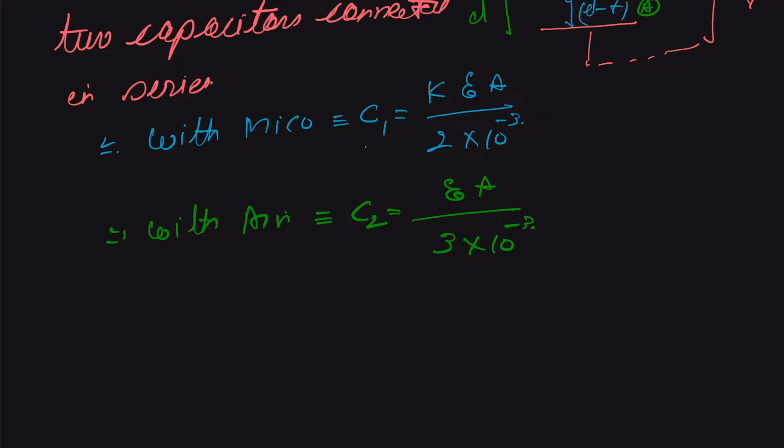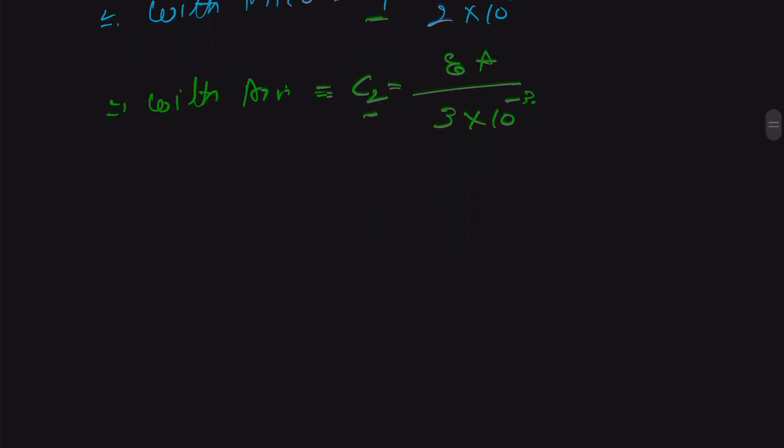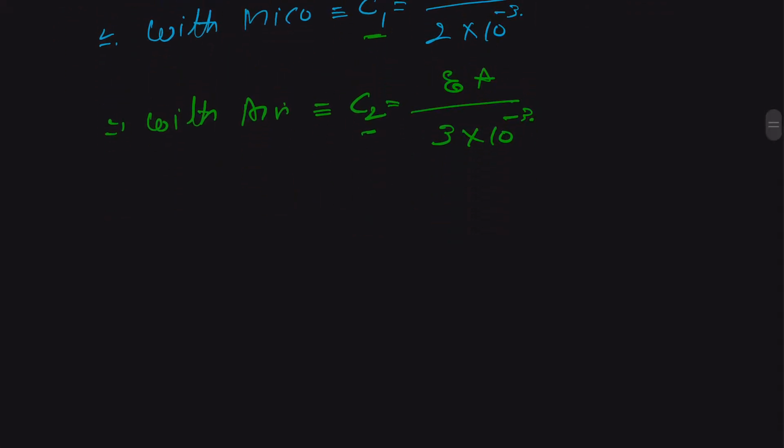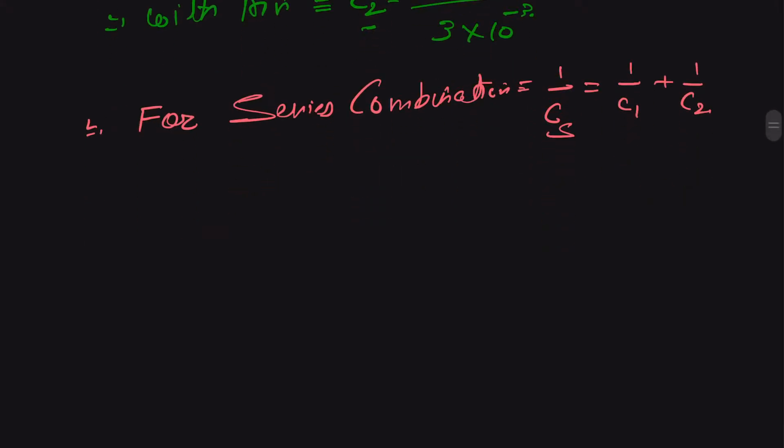Now this C1 and C2 will be in series combination. Therefore for series combination, 1 upon Cs is equal to 1 upon C1 plus 1 upon C2, and this is quite easy to solve.